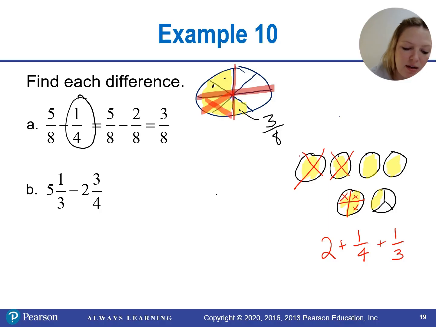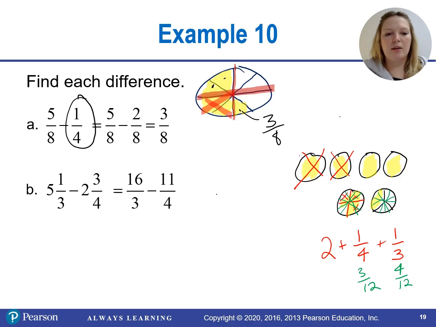I could even find the common denominator in my figure by splitting these two circles into 12ths, and seeing that I have 4 12ths and 3 12ths to add together, so I'd have 2 7/12.